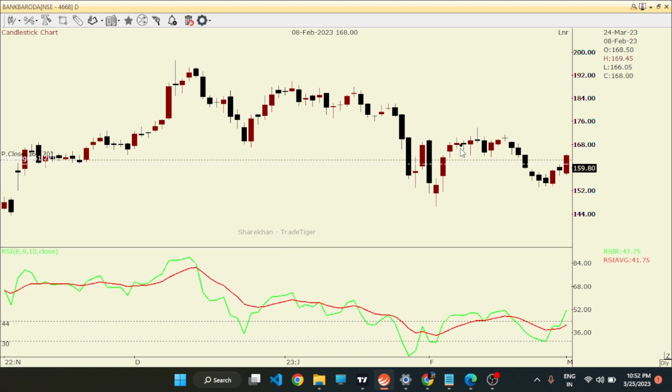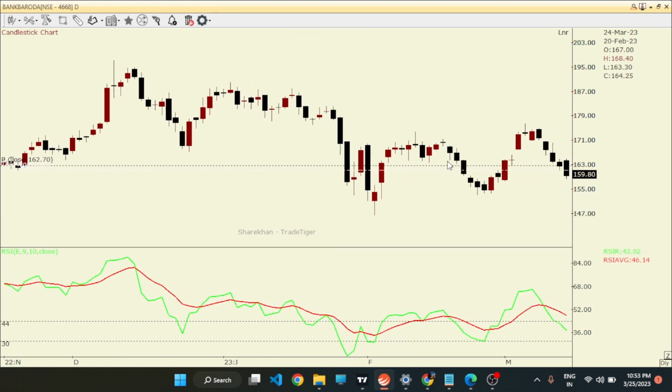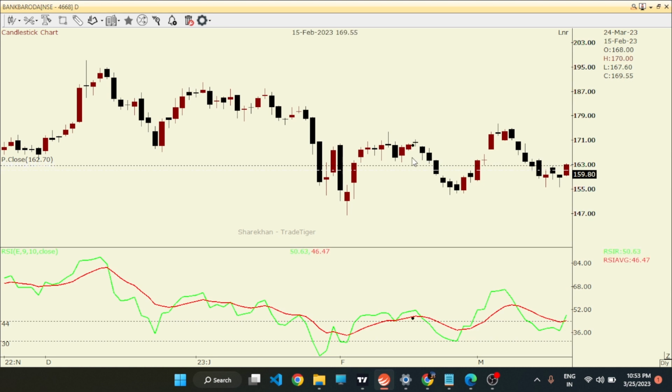After five days, it made a high of 173.85. Our target was missed by 1 point. So what are we going to do? We are trailing our SL from the body low to 1 point above our entry point. So we got out of this trade after a couple of days.